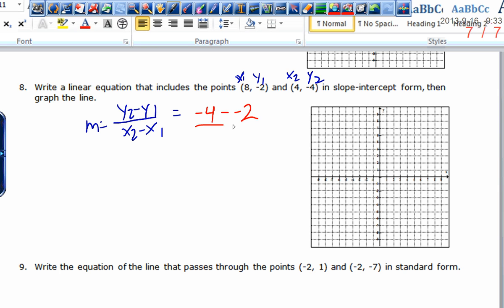Would it be a positive? Yes, a negative minus a, sorry, minus a negative. And then my x is 4 minus 8. Alright, so -4 and 2 make -2. 4 minus 8 make -4. So my slope is actually going to be positive.